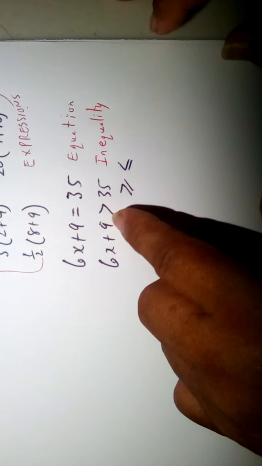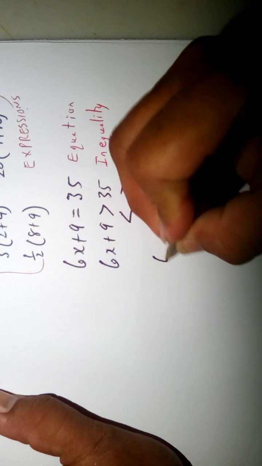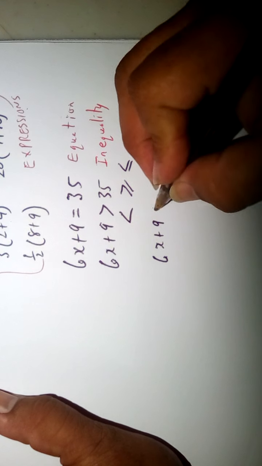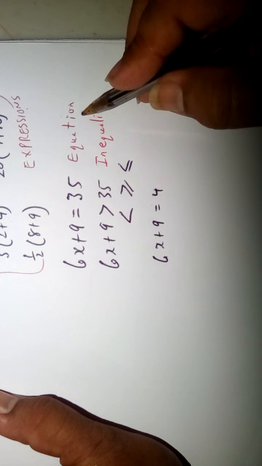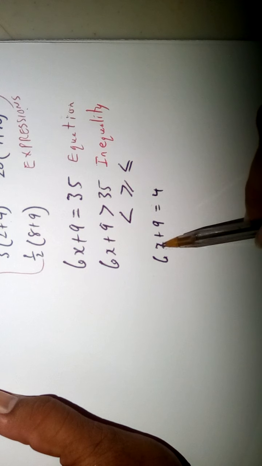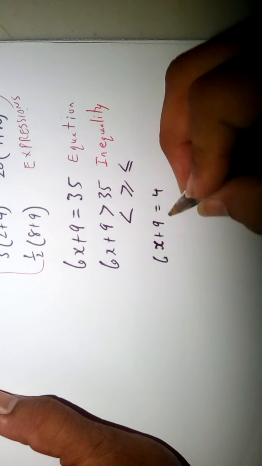If we put this now, say, 6x plus 9 equals 4, this is just simply an algebraic expression because there's algebra in there. There's an unknown in the equation.